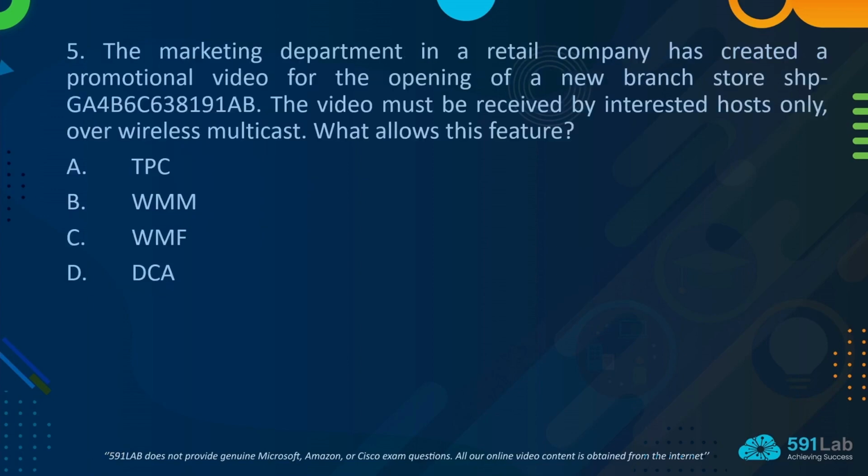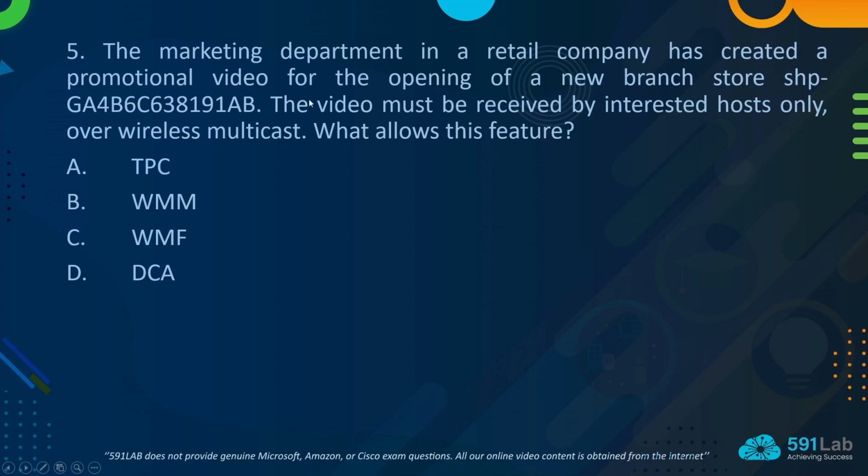The marketing department in a retail company has created a promotional video for the opening of a new branch store. The video must be received by all interested hosts only over wireless multicast. What allows this feature?